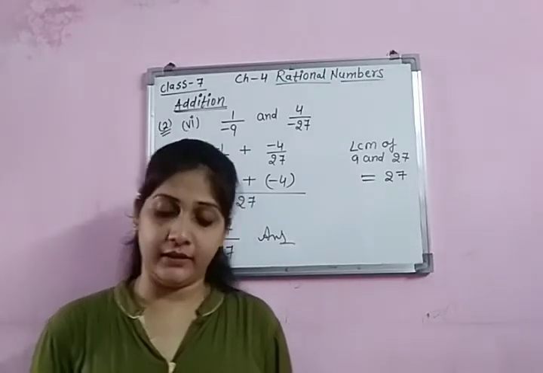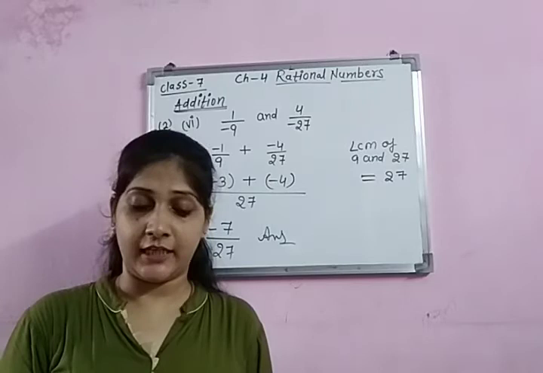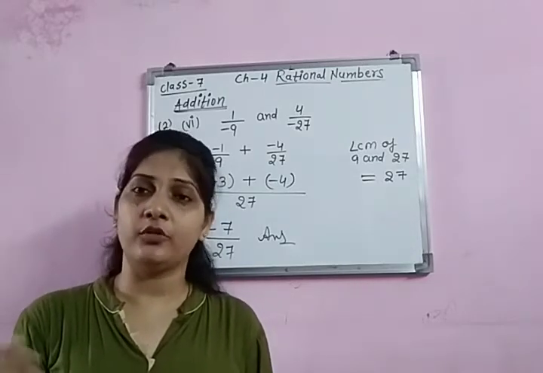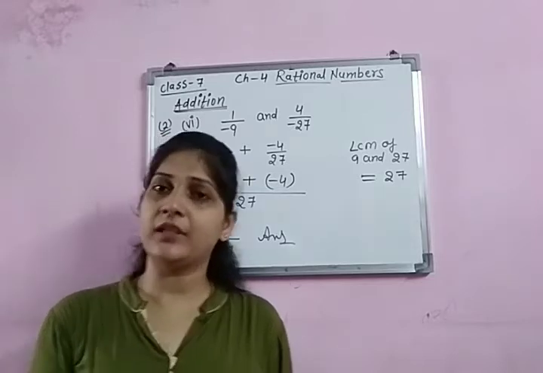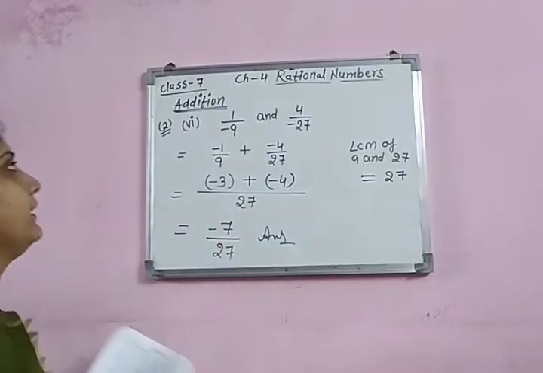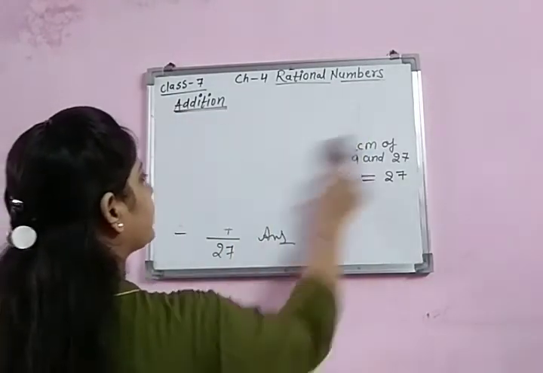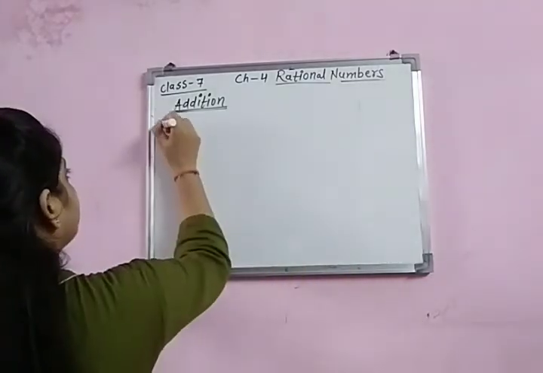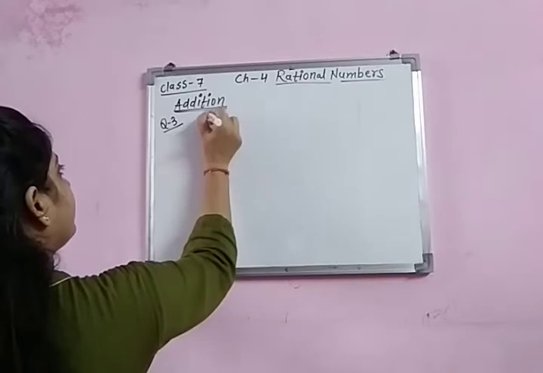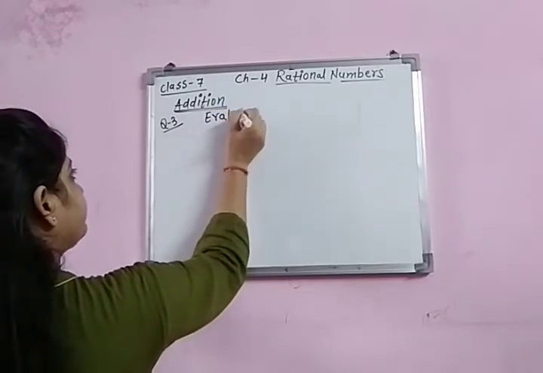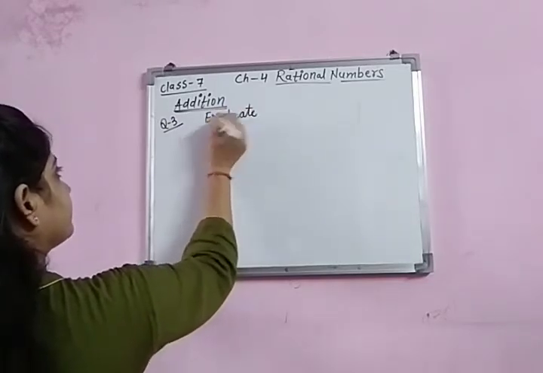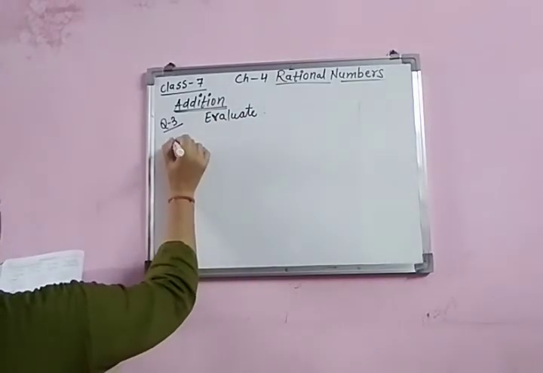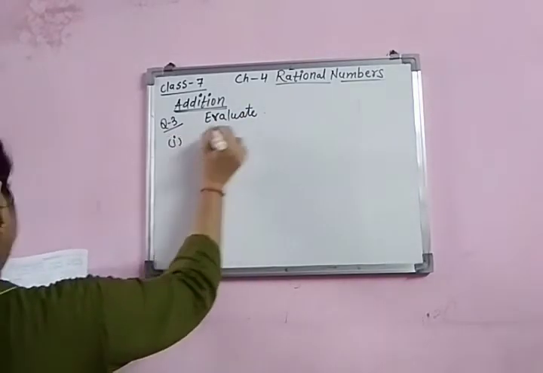Now question number 3, when three rational numbers are given, how can we solve them? So I will share one question with equal denominators and then with unequal. It is similar. The only thing is that three rational numbers are given instead of 2. So question number 3, evaluate. Let's do the first part only.